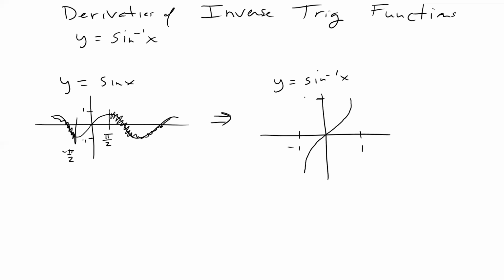And then the maximum value is pi over 2, and the minimum value is -pi over 2. There's our inverse function. Way different. It's a totally separate graph, right? Okay, that's one thing we need to know.